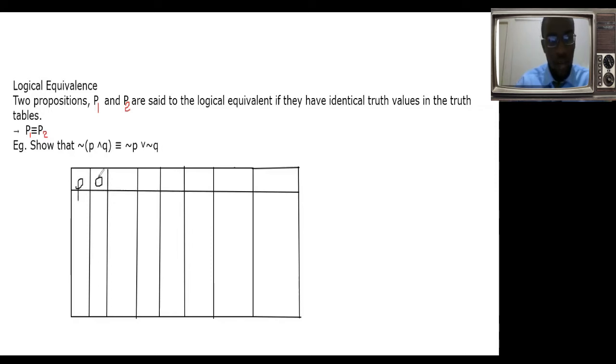Then we have Q. Then we have not P. Then we have not Q. Then we're going to have P and Q. Then we're going to have the negation of P and Q. And then we're going to have the negation, the not P or not Q. Actually, I didn't need this column right here, so let's take this part off.